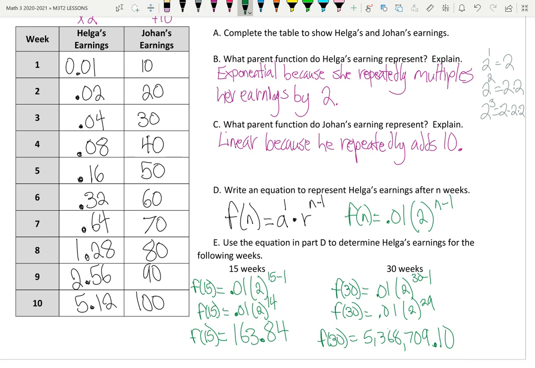And if this pattern continued, she would make $5 million by week 30. This is the power of repeatedly doubling. Exponential is repeatedly multiplying. What we are studying is repeated multiplication.